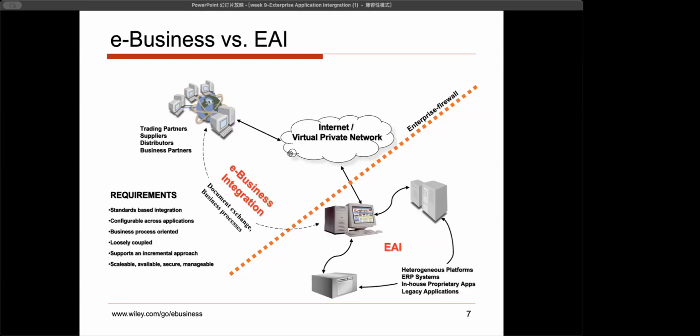However, the typical EAI system is the e-student. It is within Macquarie University, and it has many functions which can facilitate students. So that's the difference between e-business and EAI, and you need to notice that.